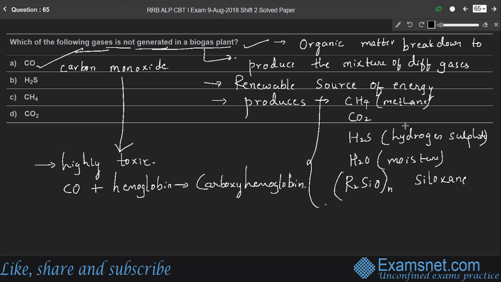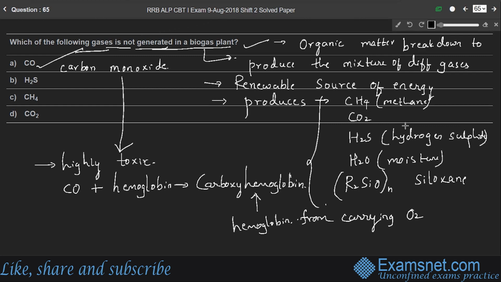The carboxyhemoglobin complex is more stable than the oxyhemoglobin complex. So it prevents hemoglobin from carrying oxygen to different parts of the body.